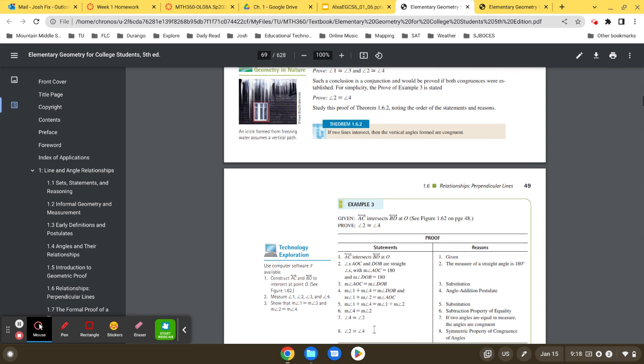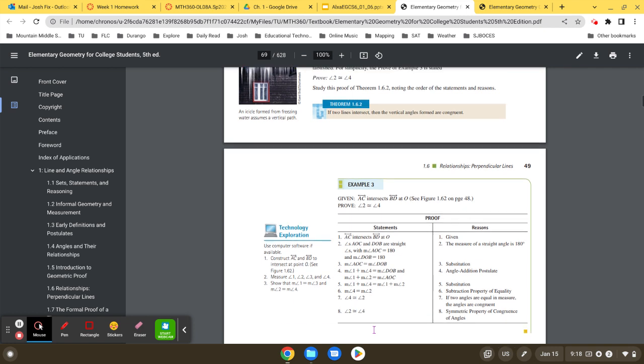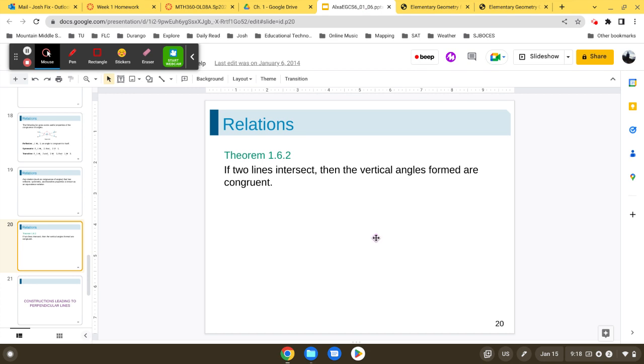So angle 4 is congruent to angle 2, or vice versa, angle 2 is congruent to angle 4 by symmetry. That's how we work through those proofs: getting to the spot where we're comfortable placing these values or definitions to justify the statements we're putting in place.